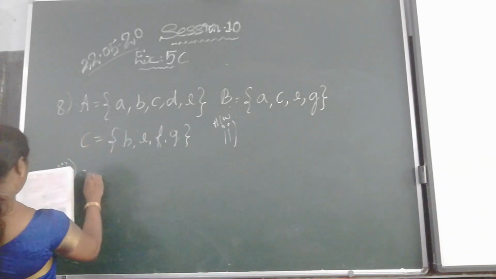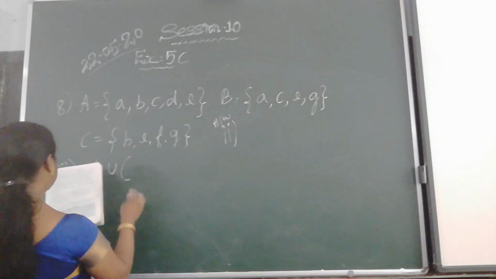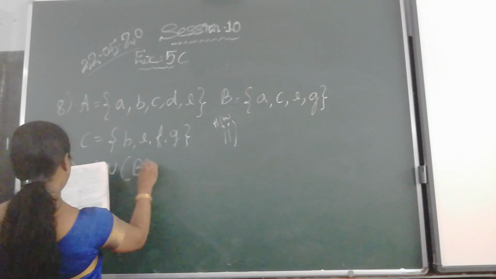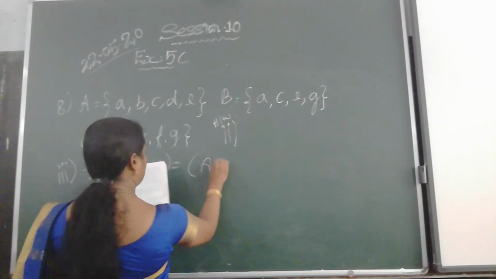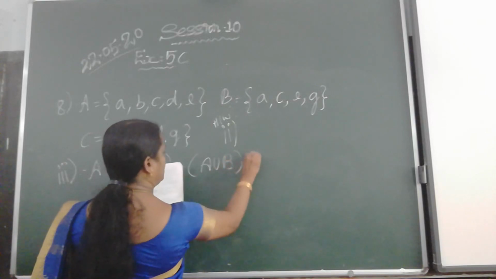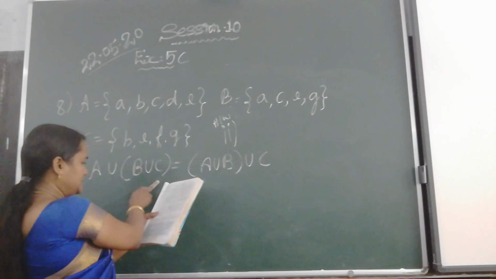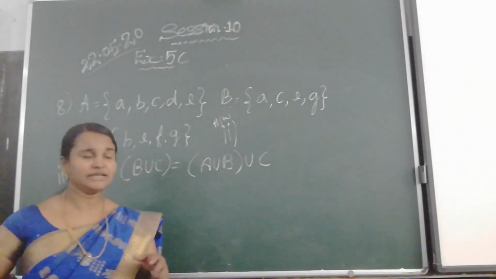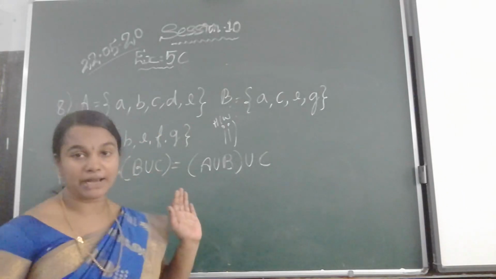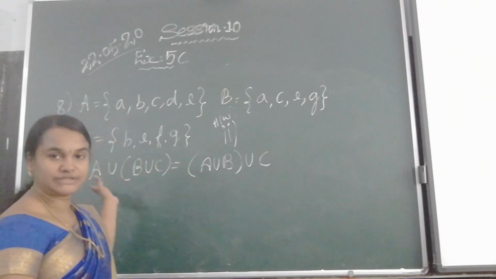Okay. A union, then inside the bracket it is given B union C. That should be equal to A union B, then union C. Children, here always inside the bracket what they have given, that first we have to solve, after that the outside of the bracket.